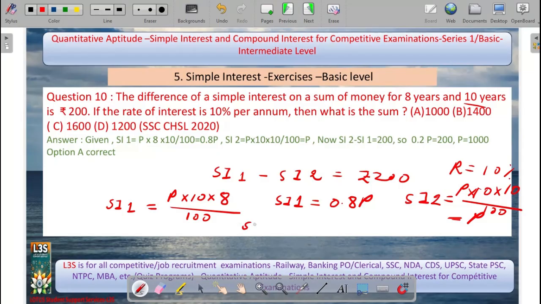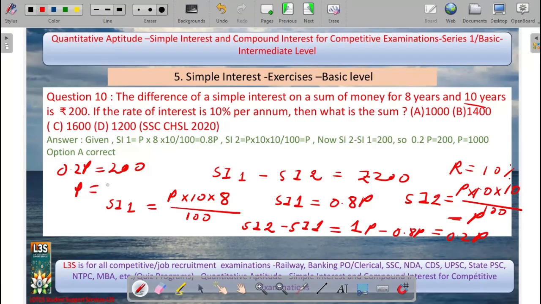Now SI2 minus SI1, this difference is 1P minus 0.8P is equal to 0.2P. Now this difference of SI1 and SI2 is 200. So 0.2P is equal to 200.